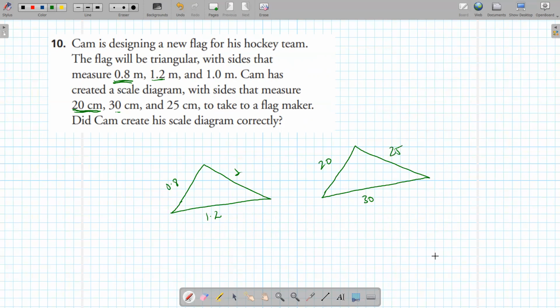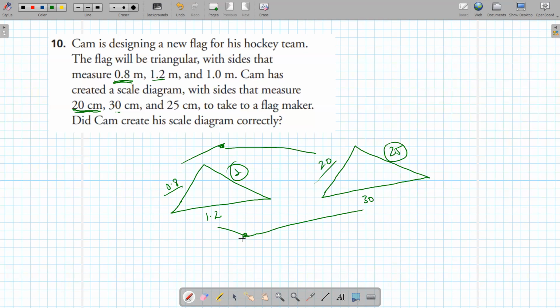So the scale factor is 25. See that? 25 divided by 1. And now we're going to see if 20 divided by 0.8 is 25. Yes, it is. So this also checks out. 30 divided by 25 is 1.2.